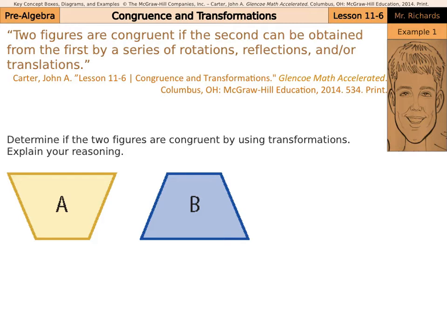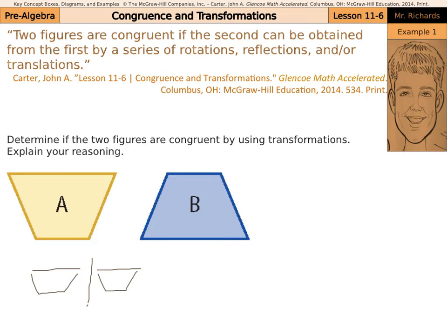Well, if I simply translate A onto B, I can't tell that it's congruent yet. If I were to reflect this object A, or a smaller version of it, say over a line, that would look something like this.